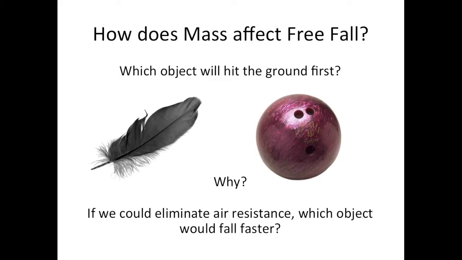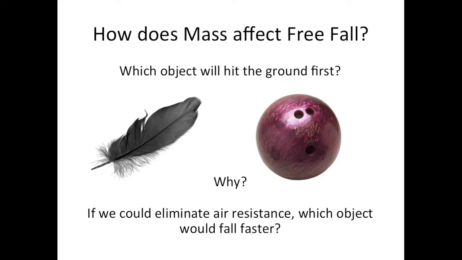So if we could eliminate air resistance and have these two objects be in perfect free fall, which would fall faster? Most of you are probably thinking it's still the bowling ball, and if I asked you why, you would probably say because it's heavier.